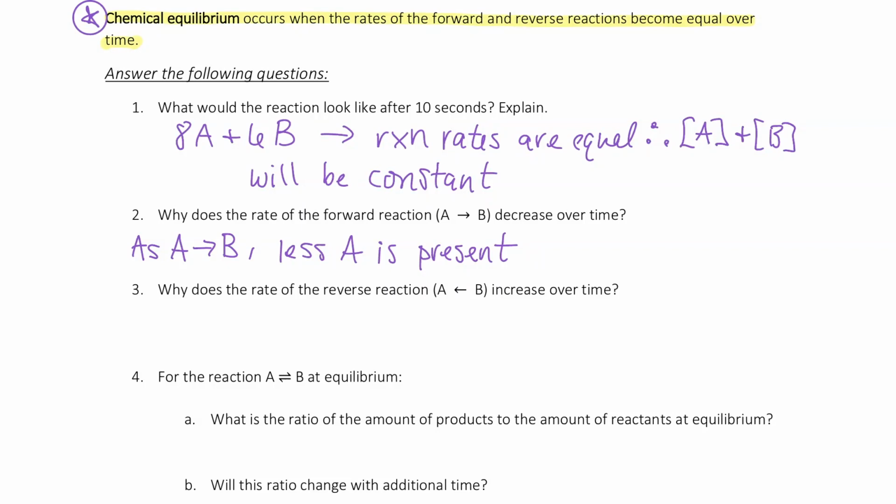So if we're talking about the reverse reaction speeding up, the opposite is true, right? We're still looking at the reaction of A yielding B. We've got more B is present.